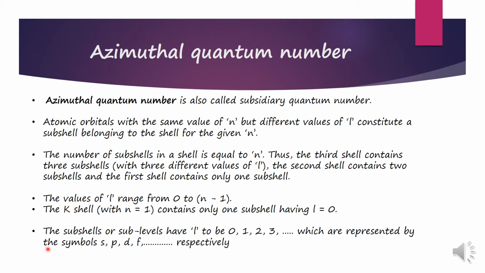Then if I have s, p, d, f subshells, for s subshell the value of l is 0, for p subshell the value of l is 1, for d the value of l is 2, and for f the value of l is 3.